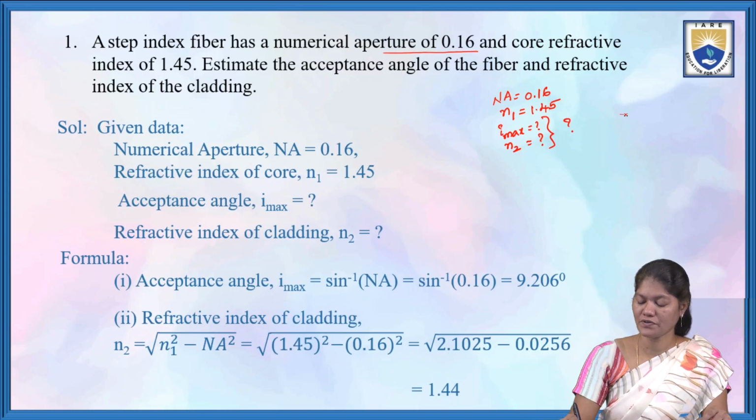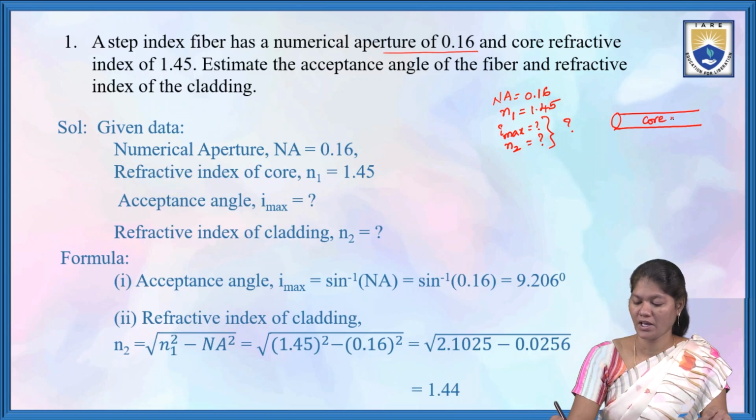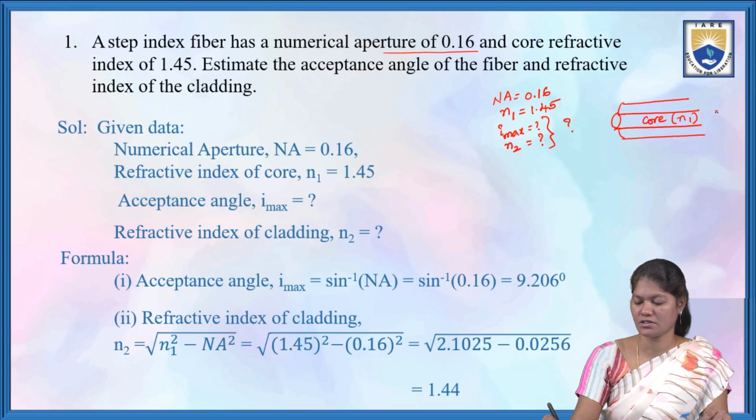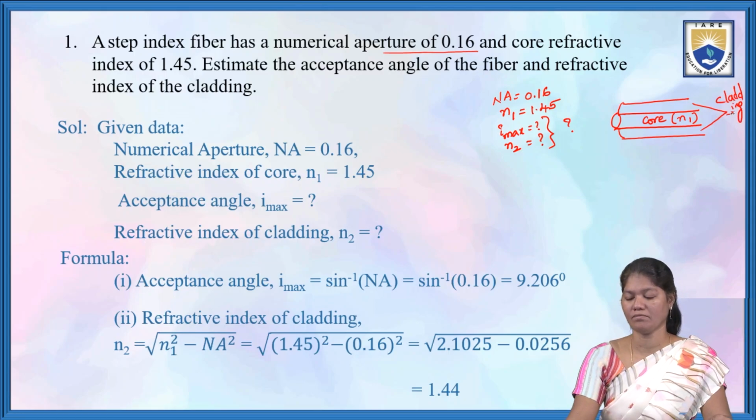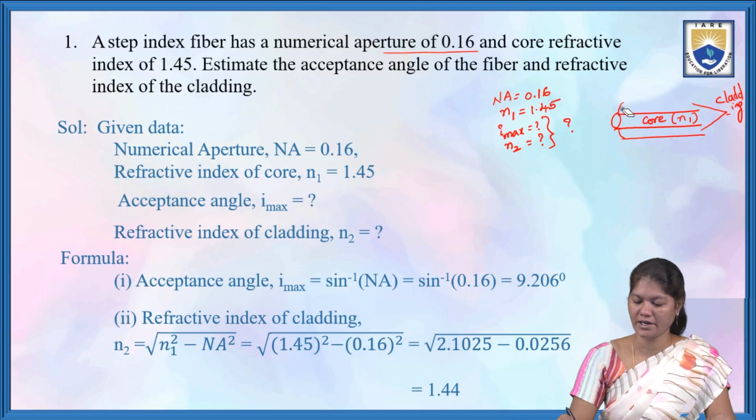So usually the optical fiber construction we have already seen. The inner layer is core, having refractive index N1. Surrounding the core there is an outer layer which is cladding.